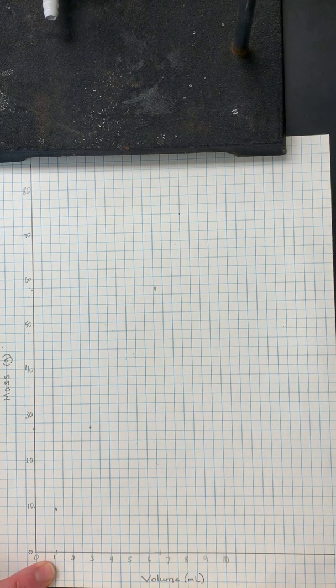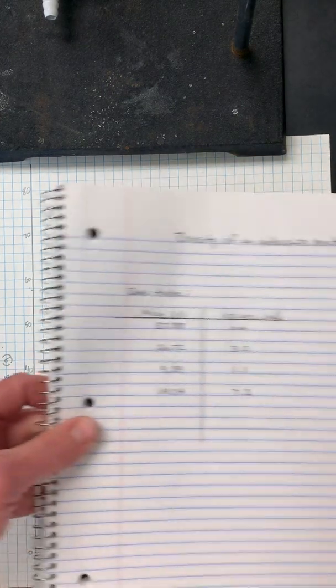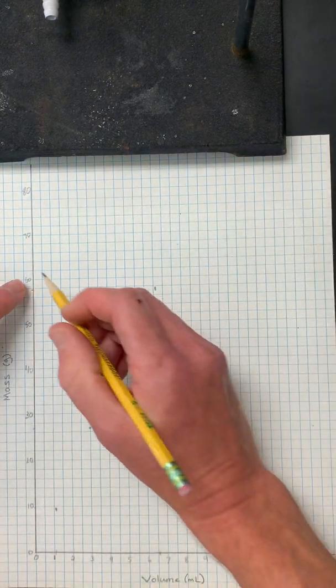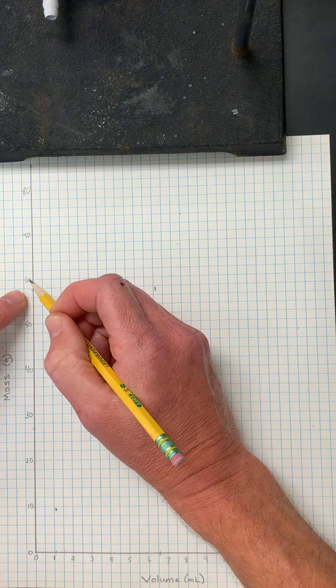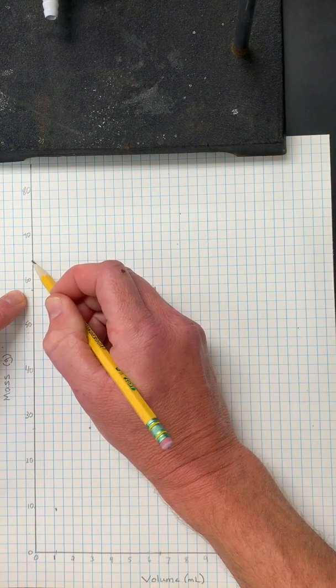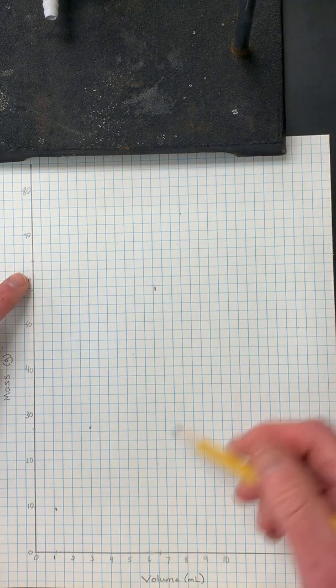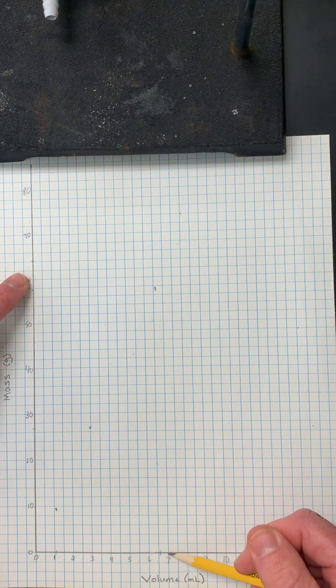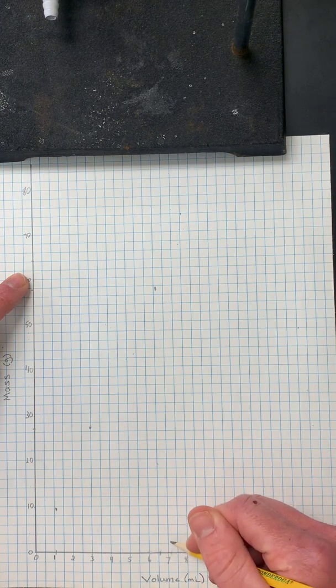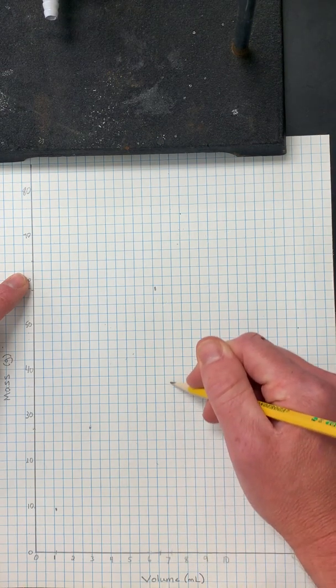Okay, and then the next one was 64.04 and 7.2. Now 64.04 is barely higher than 64. So 60, 62, 64, it's practically going to touch that line. Okay, and 7.2, over here is 7, 7.5. So 7.2 is almost halfway, just a shade to the left of halfway.